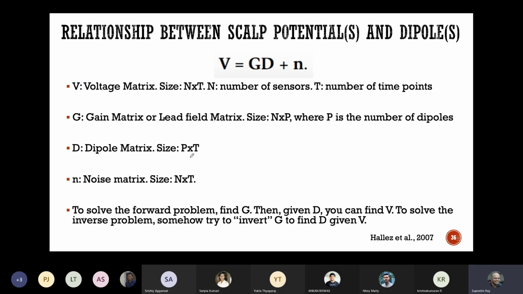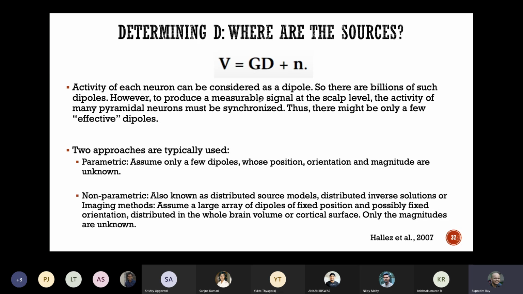Basically, this is the proper formulation of going from the sensor space V to the source space D. So we will now see how the whole thing is put together in an example.